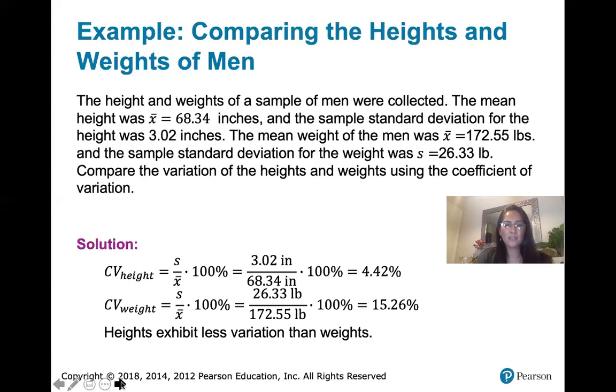And that is how we use coefficient of variation to compare two sets of data. When you look at this data and you want to compare the variation of something measured in inches to the variation of something measured in pounds, it's like comparing apples and oranges. You might say, how can you do that? How is it even possible to compare them? Coefficient of variation will allow you to compare them.